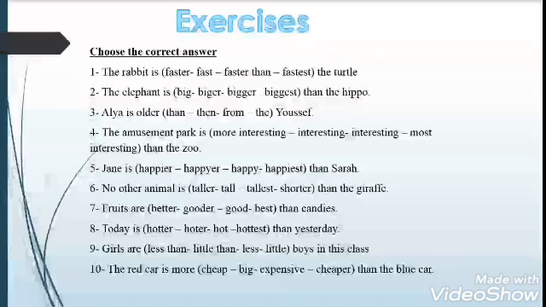Very tall, right? So no other animal is what than. See the word than, our friend of the comparative, right? Taller, tall, tallest or shorter? Excellent. No other animal is taller than the giraffe.